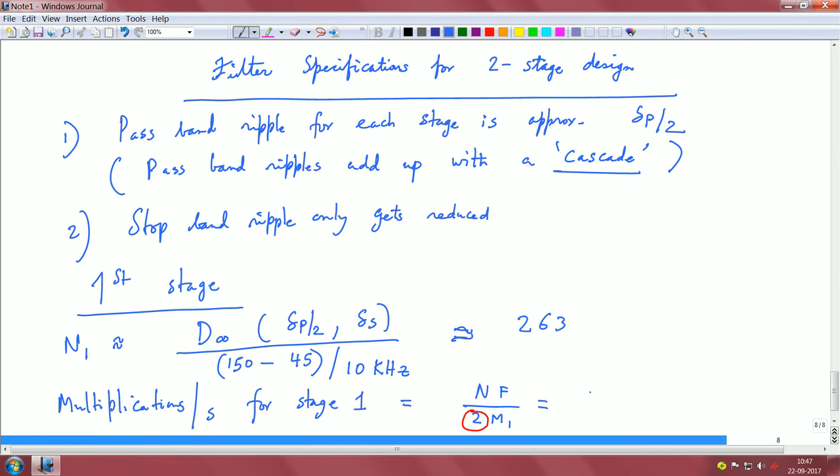So, this would give us 263 times 10 kilohertz upon 2 times 50. Right, and whatever that number is.